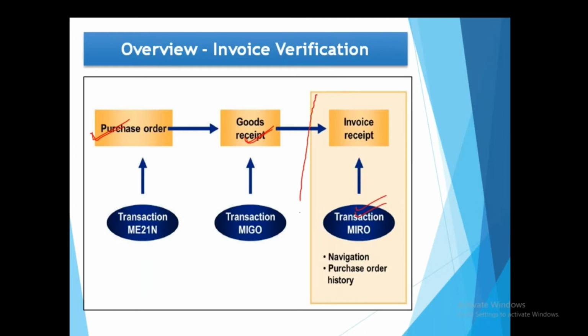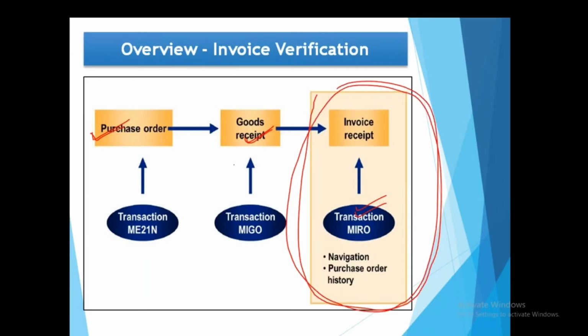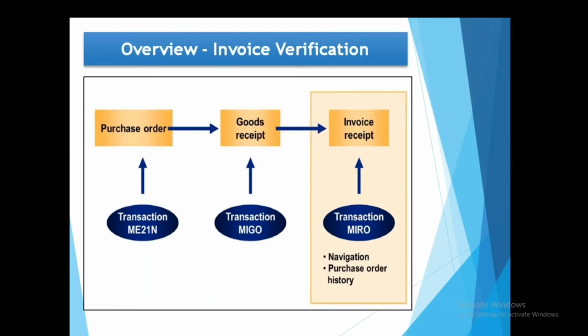So from here onwards, today we will be concentrating more on this area. We already discussed how to do the invoice verification, but in these two sessions, we will be discussing it in depth. The transaction code which we discussed already is MIRO.